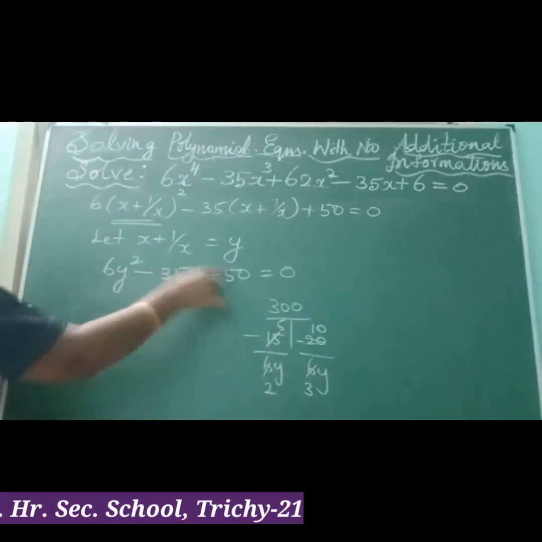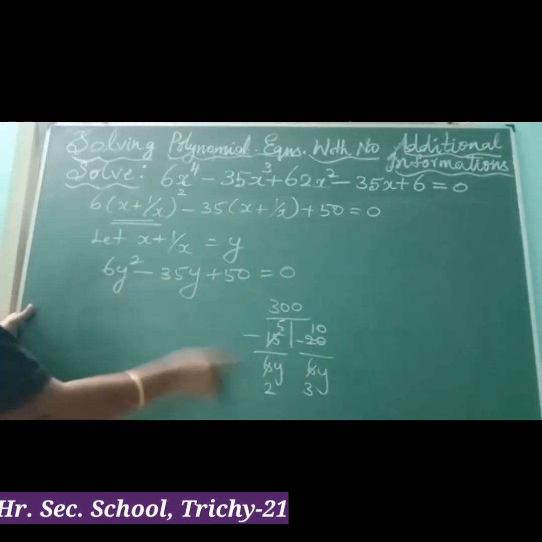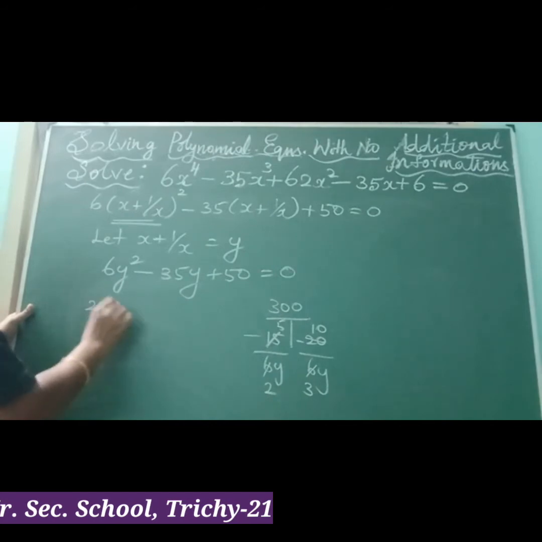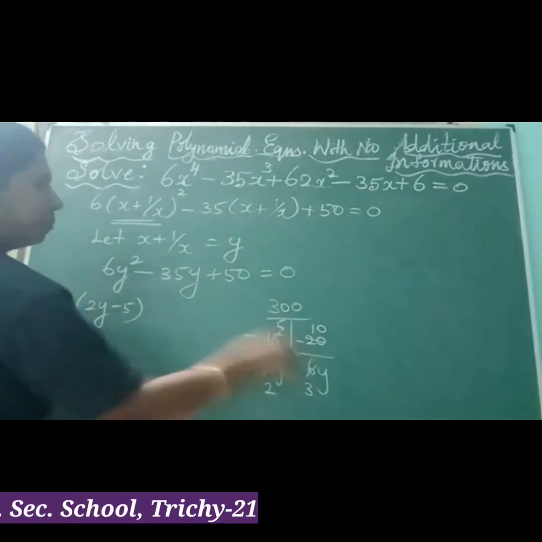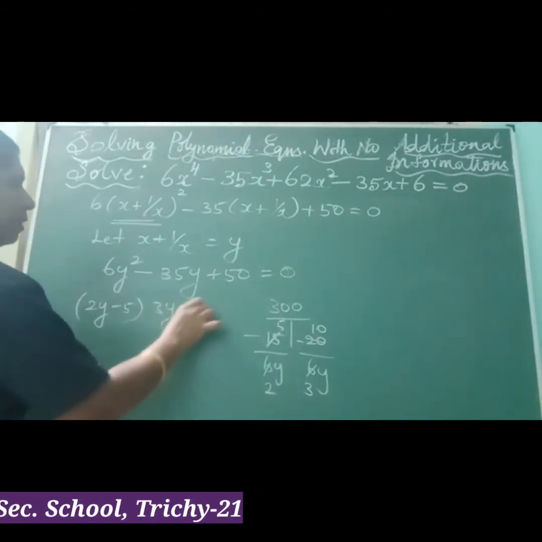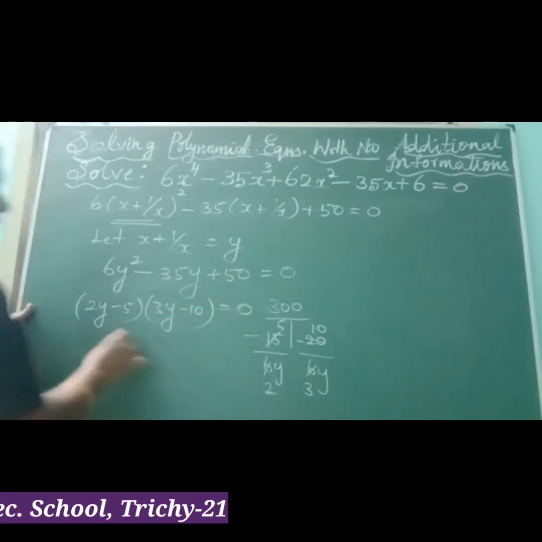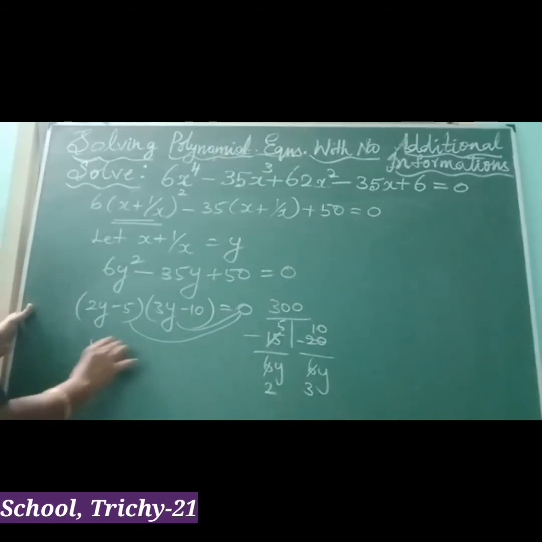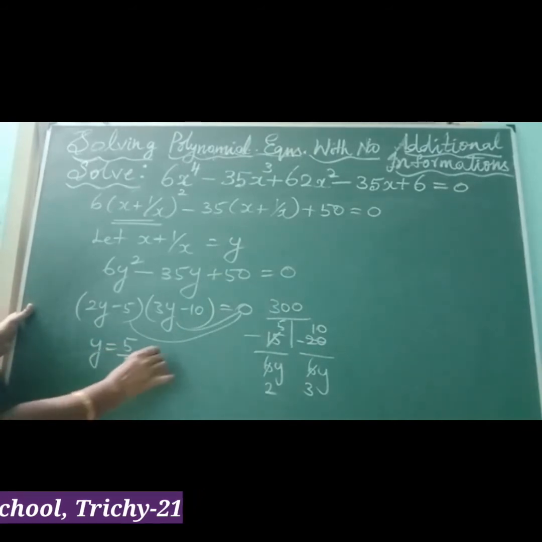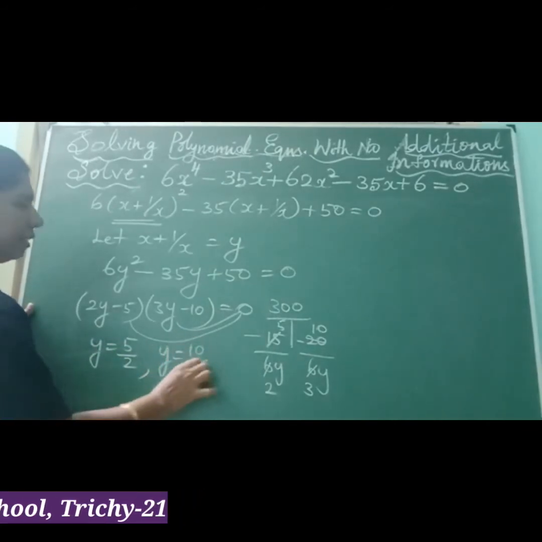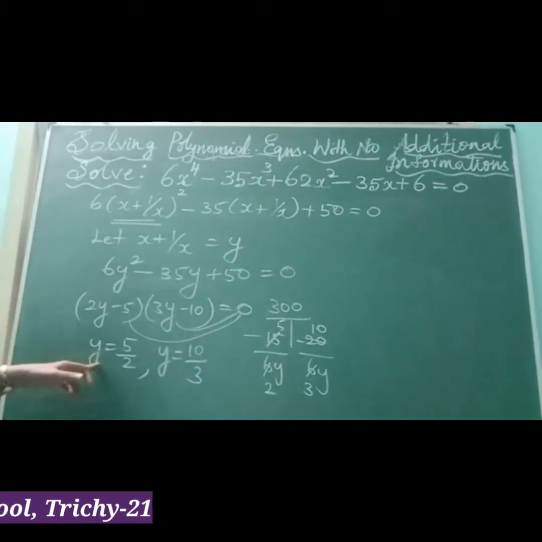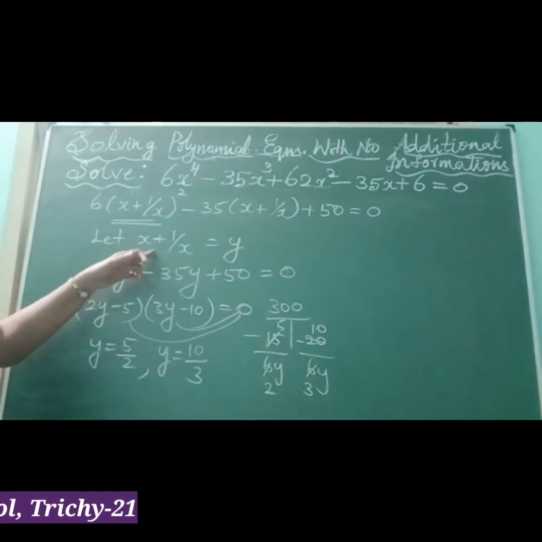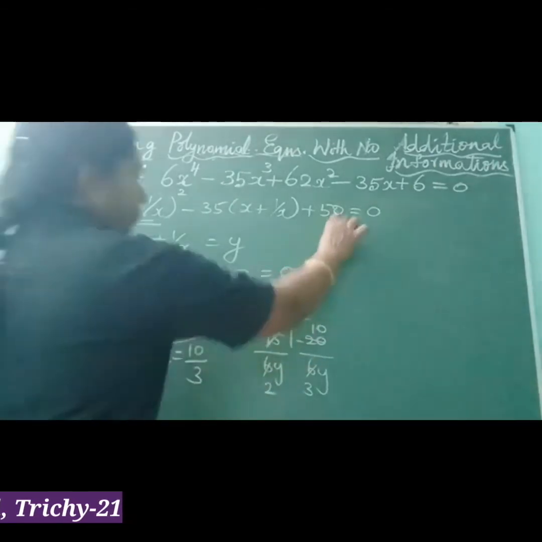So the factorization of this equation is 2y minus 5 into 3y minus 10 equal to 0. Each one equal to 0. Therefore we get y equal to 5 by 2 and y equal to 10 by 3. Now you can substitute these two values of y and find the value of x.